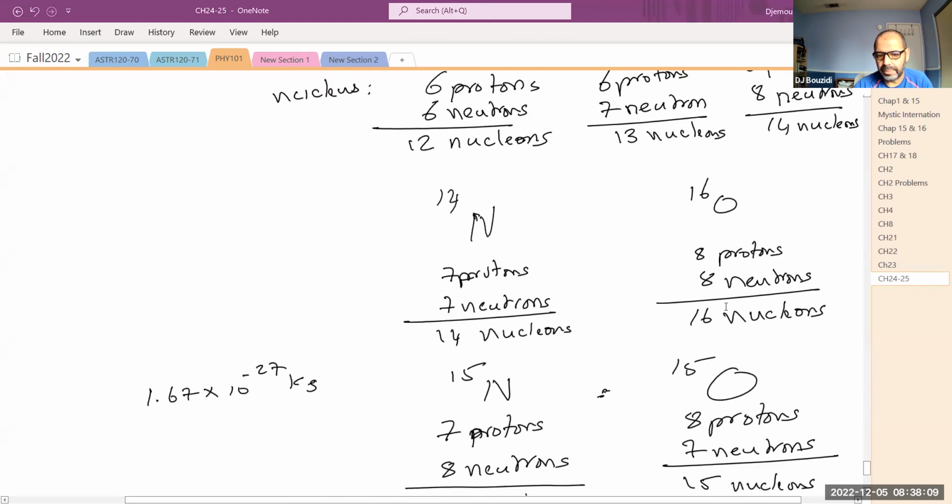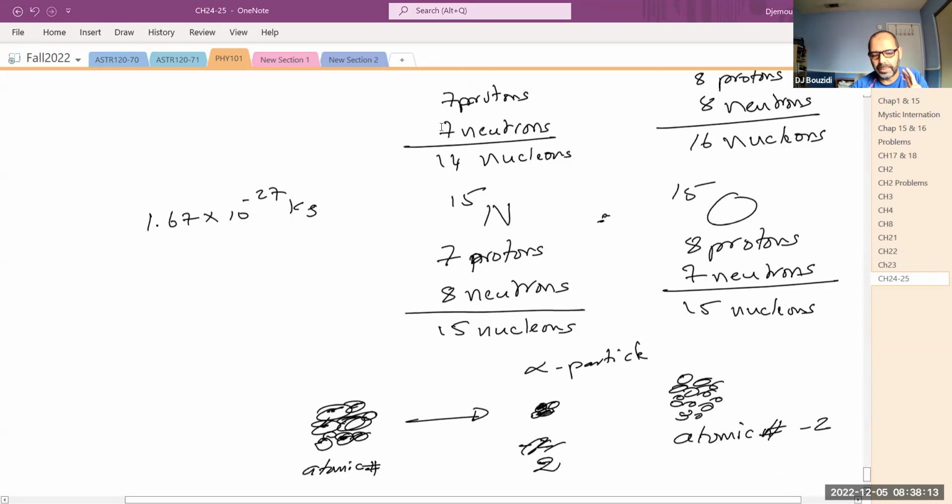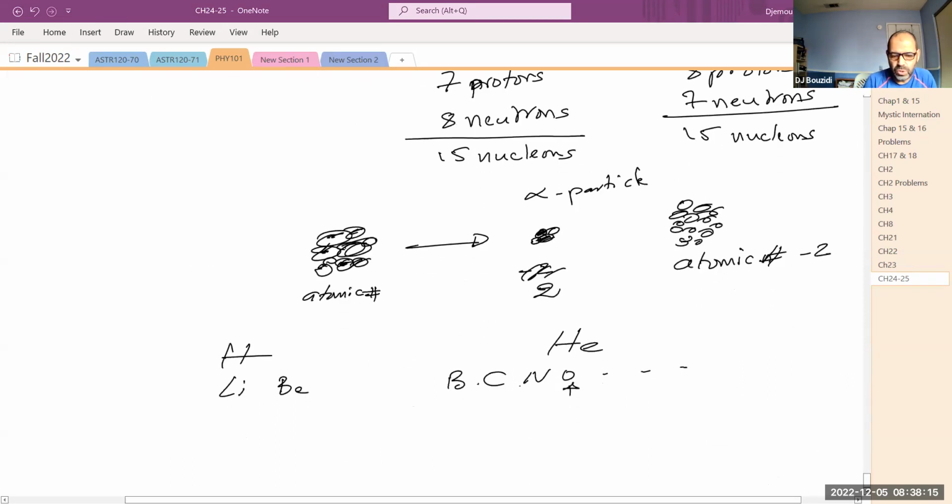It must have 8 all the time. If it loses 2 protons, it's going to drop to 6, which is carbon. So it's going to move to the left in the periodic table. So every time there is an alpha emission, you have to move to the left by 2 elements. You have to skip 1 element to the next one, basically. So every time there is an emission of an alpha particle, it moves to the left twice.